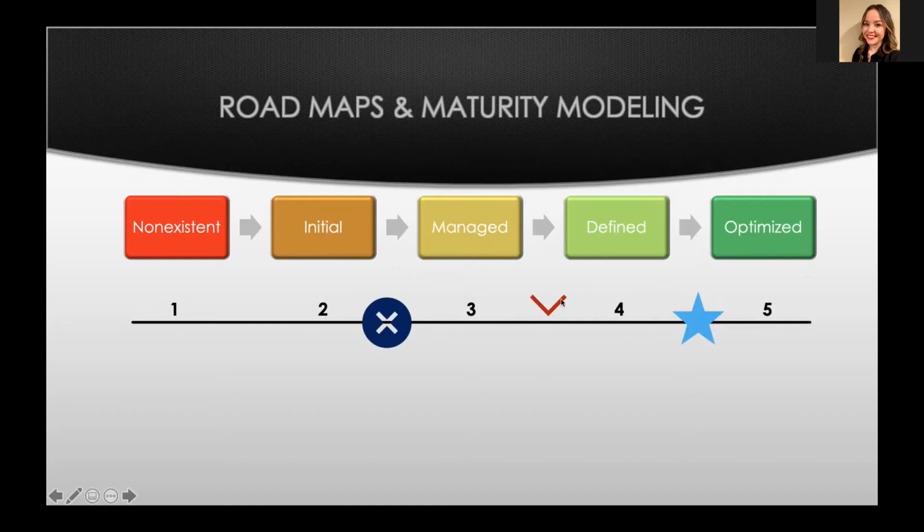And then a lot of organizations will look at where the industry itself is, right? So you'll see organizations say, hey, most of the people in your industry are at a 3.5, so you're kind of behind the power curve. Now, in order to do that, the organization doing the assessment has to have that industry data to be able to do it.